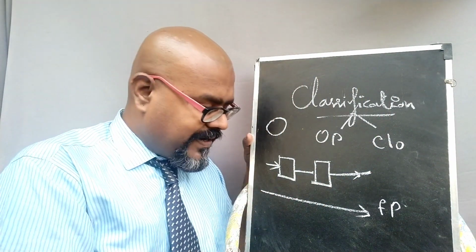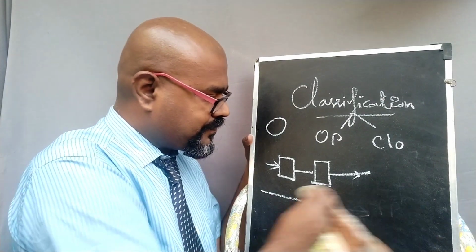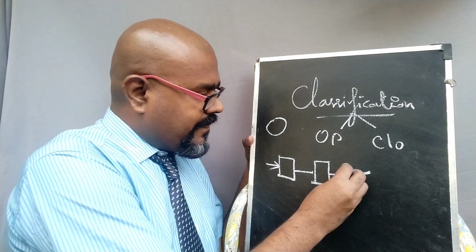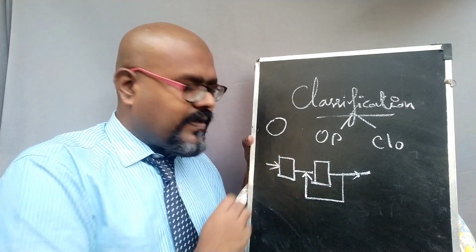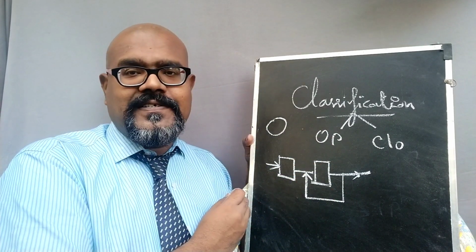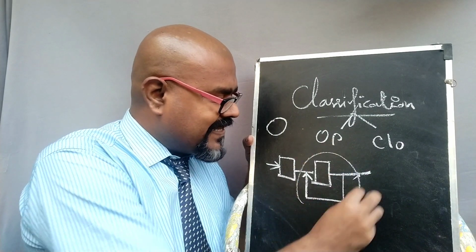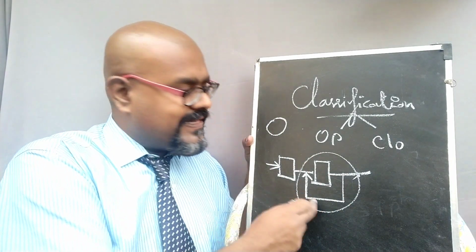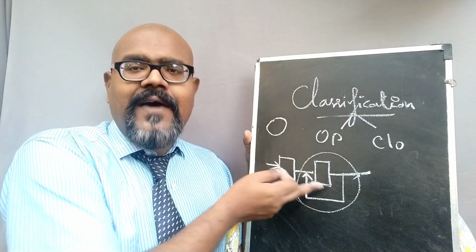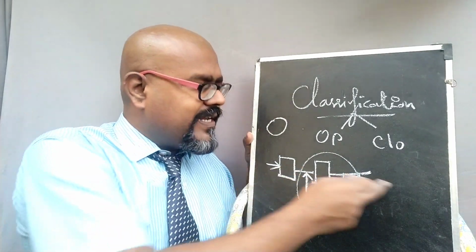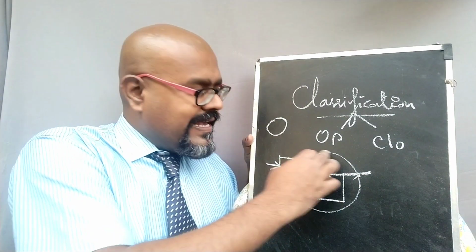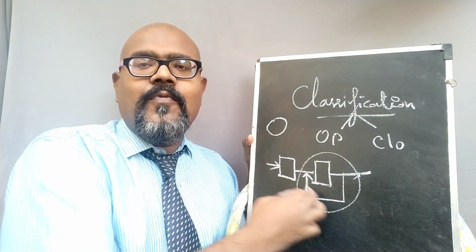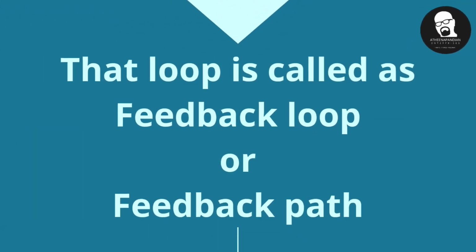For example, if the system looks like this, then this is considered as the loop. This particular system has one loop, and of course it has the forward path. Every system has the forward path, that is input and output. In that particular system we have one loop.